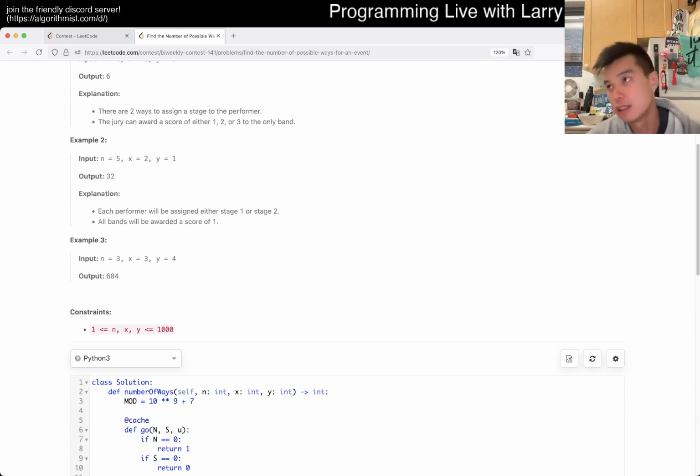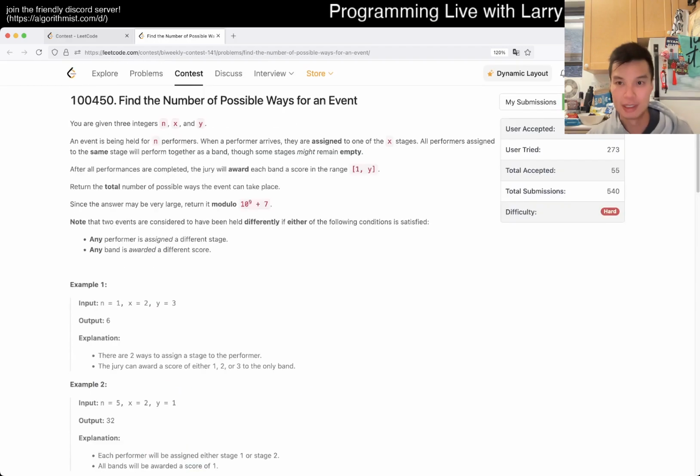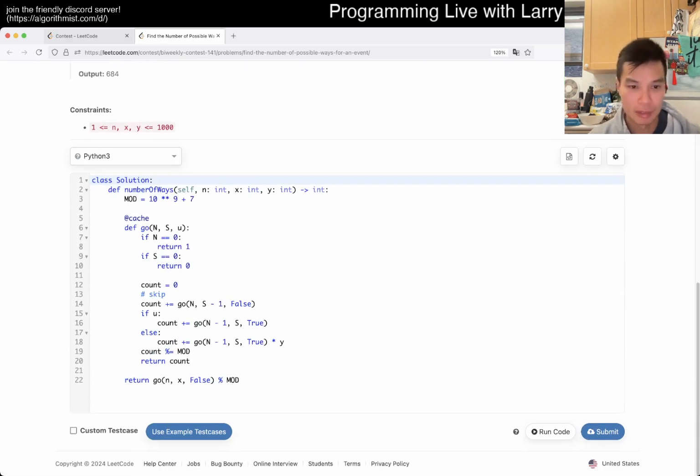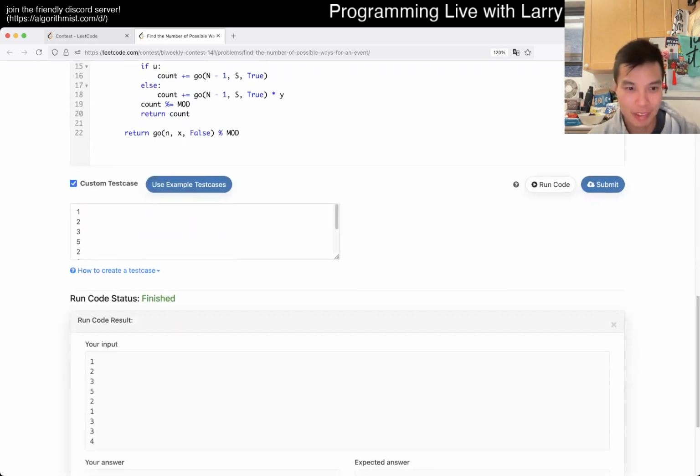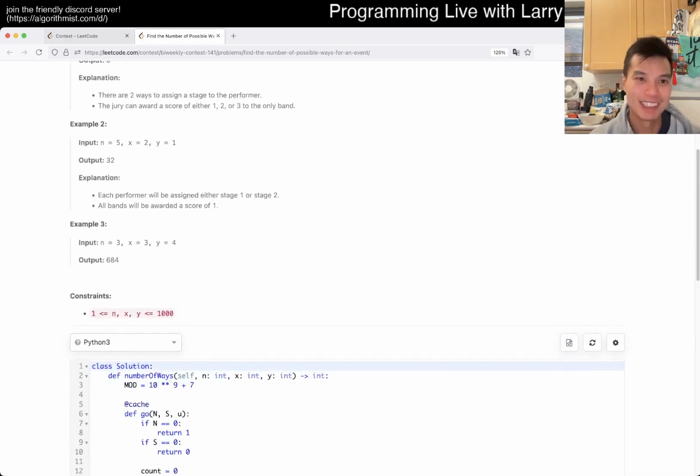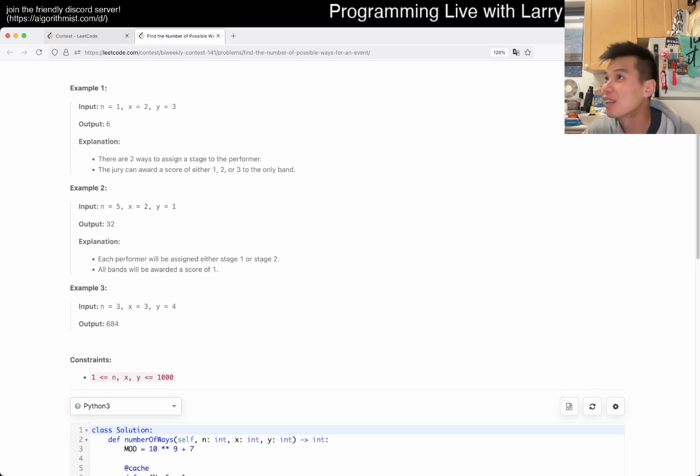Okay, let me rethink this. All right, well, that's not right. Or it's right for a different problem, but not this one. So each person can be in one of the stages, but then we have to count the number of groups.